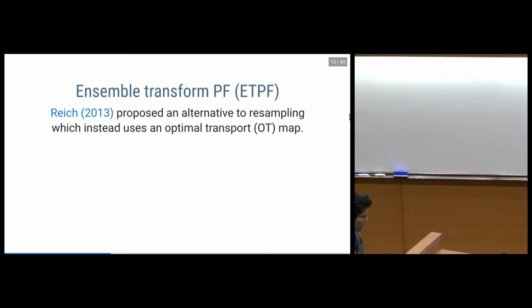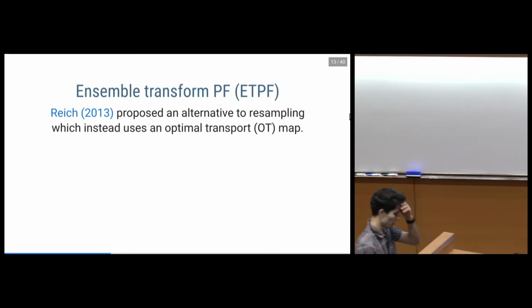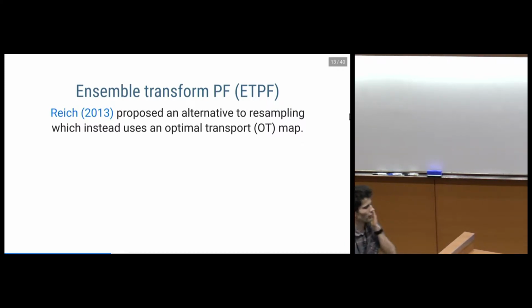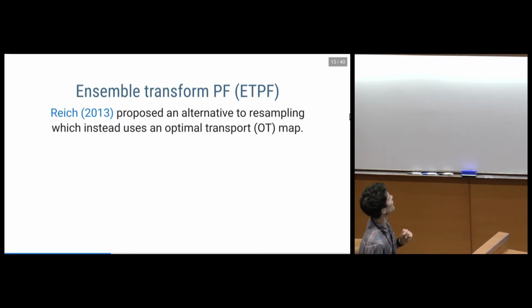So I'm now going to introduce the ensemble transport filter that I mentioned briefly at the start of the talk. The idea here is to propose an alternative to that resampling step that we just discussed. Resampling takes an empirical distribution approximation to the predictive distribution and then maps that to an equally weighted empirical distribution approximation to our filtering distribution, our posterior effectively.